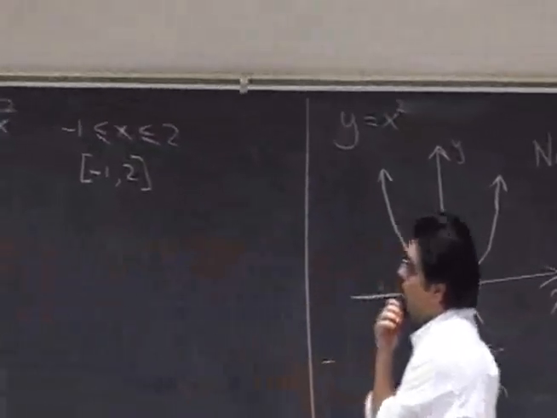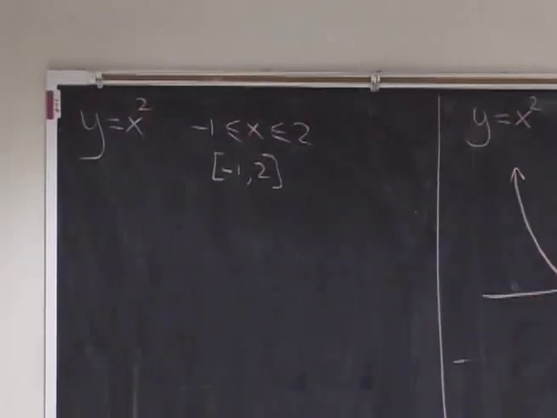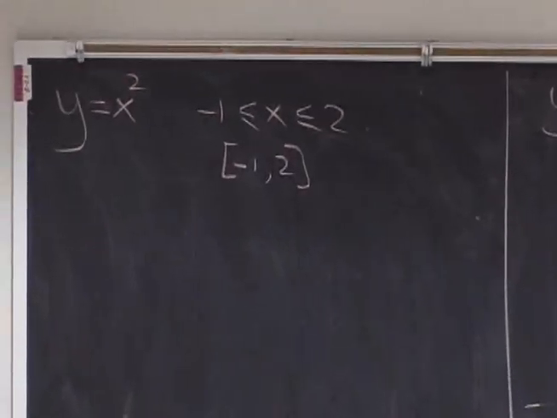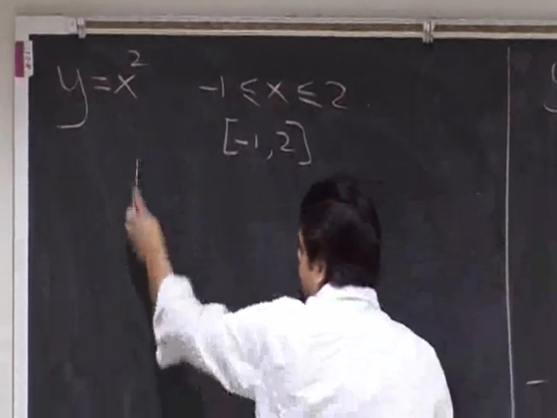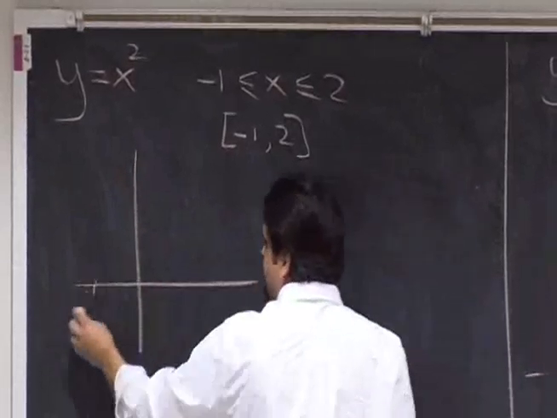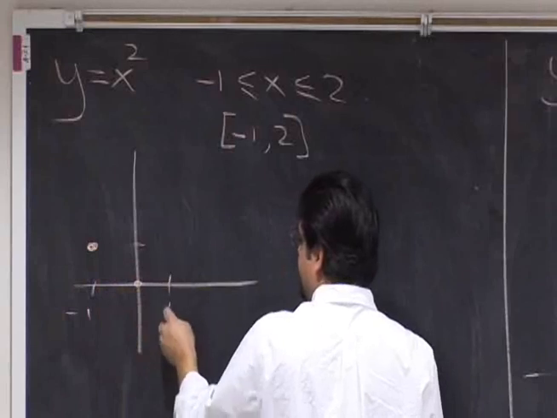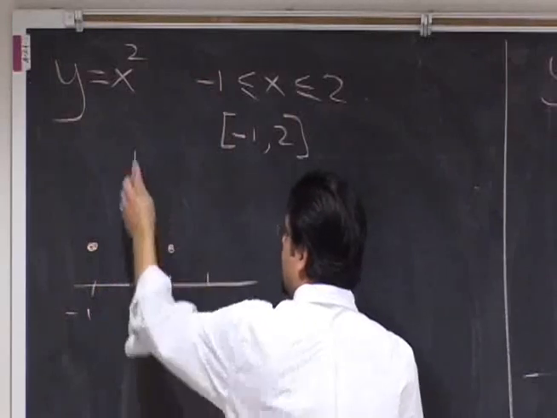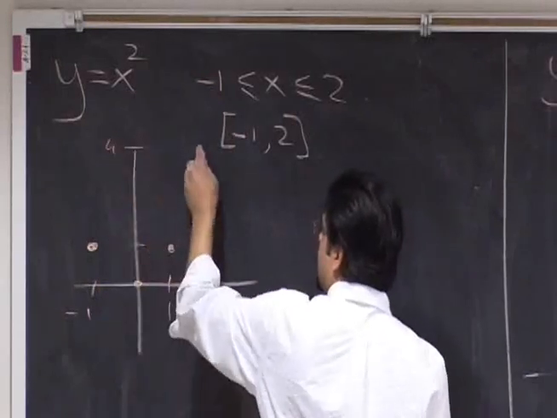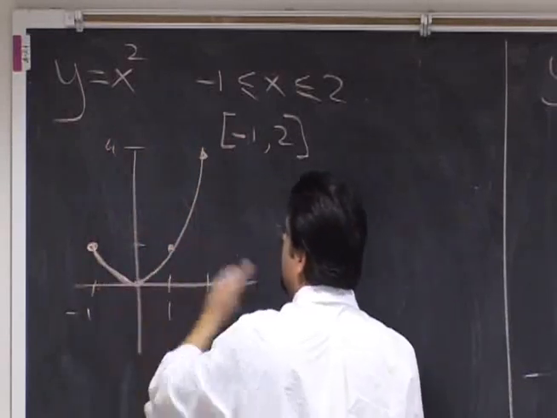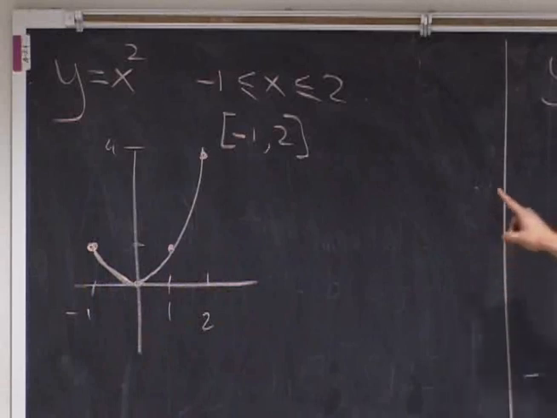And according to the theorem, we definitely will have an absolute max and an absolute min, not just one. So of course, if I draw this function, it looks something like this. This is the graph of y equals x squared in that closed interval.